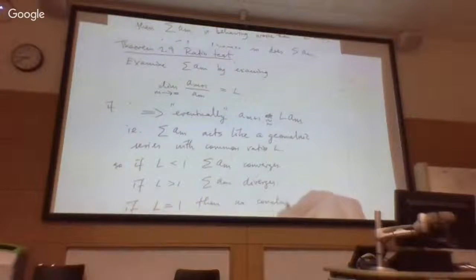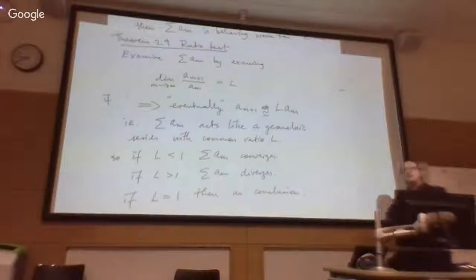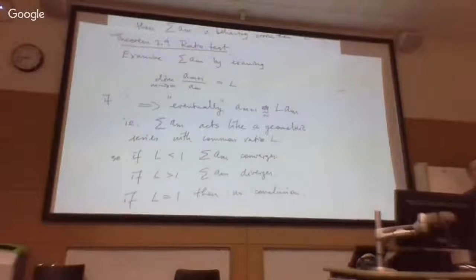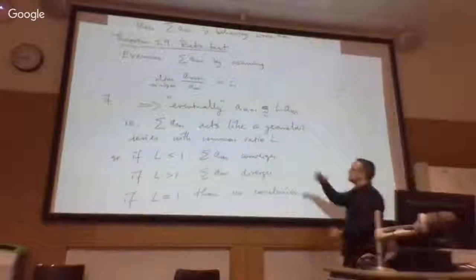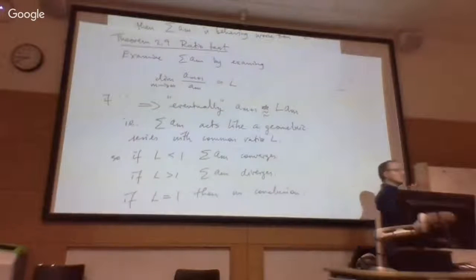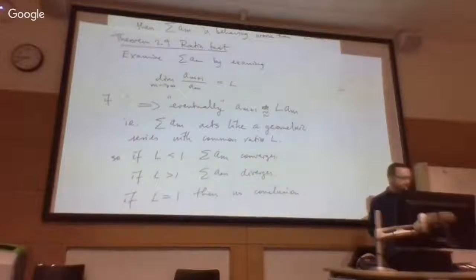The case L equals 1 is the borderline between convergence and divergence for geometric series. So if we only know that our sequence is acting approximately like this borderline series, we don't quite know whether it could be on the convergence side or on the divergent side. It's too close to tell.